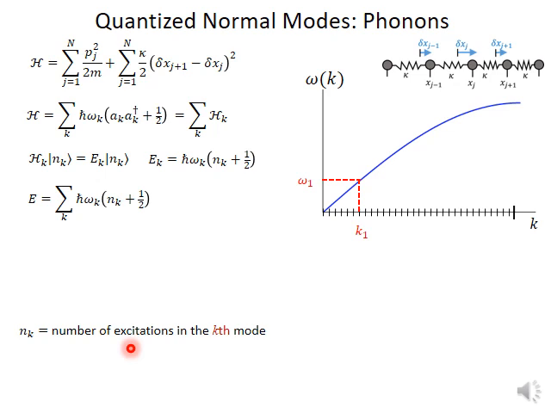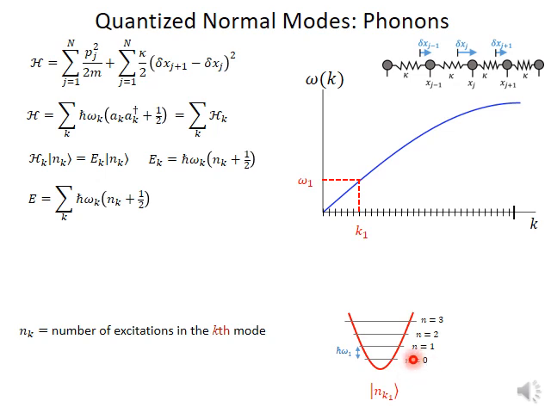So what do we mean by this? To illustrate this, we take a particular k value, let's say k1. By dispersion, it would give you its particular frequency, omega 1. And then this ladder for this particular k can be constructed like this, such that you have quantized energies for this particular mode.